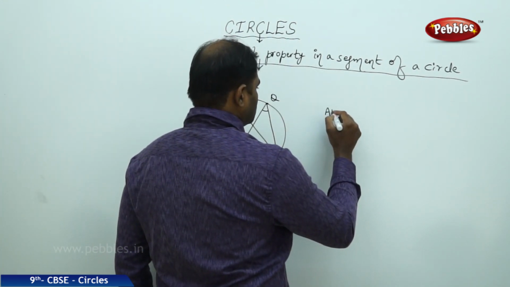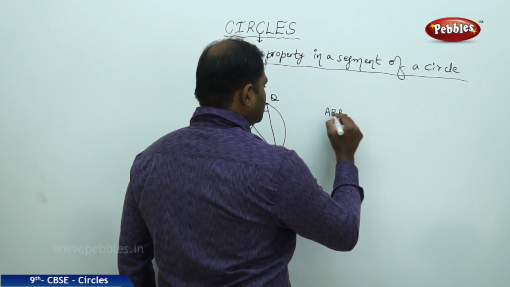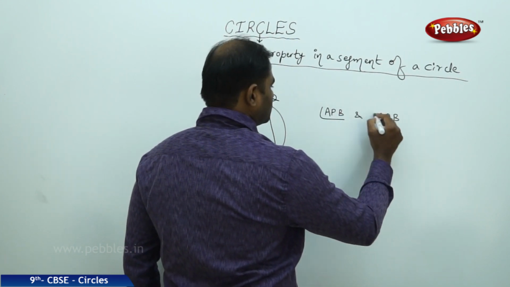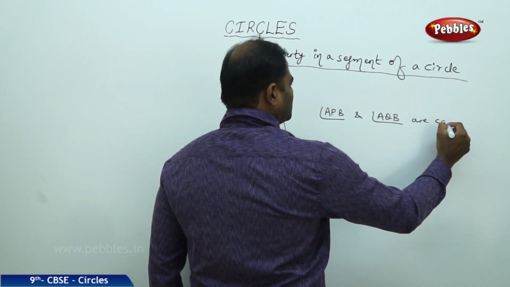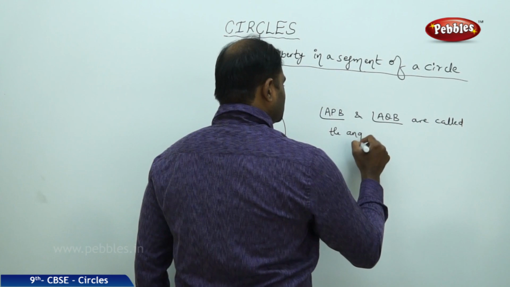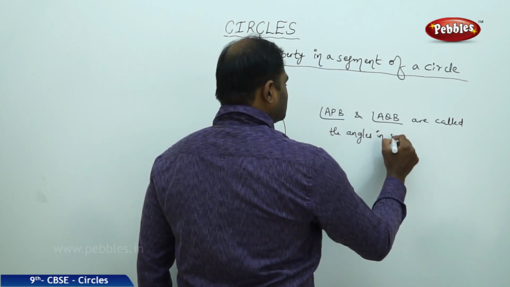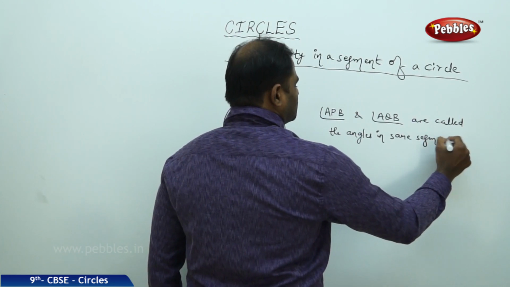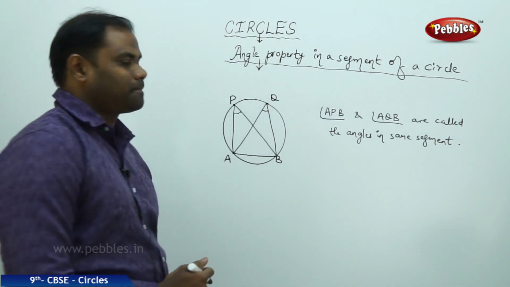So angle APB and angle AQB are called the angles in the same segment.